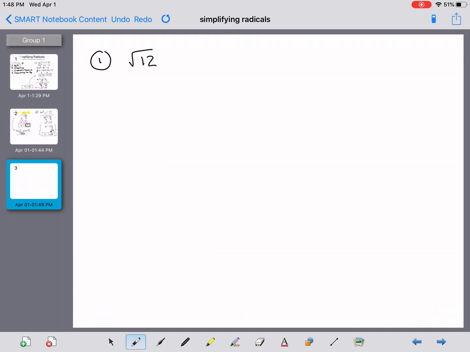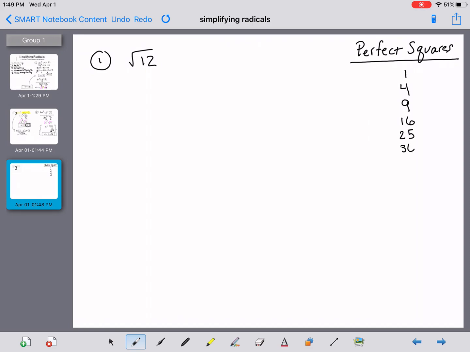Now, you need to make sure you know your perfect squares to do this. You should know these off the top of your head. I would say up until at least 100, right? So the first perfect square is 1, because 1 squared is 1. The next perfect square is 4, because 2 squared is 4. 3 times 3, 9 is a perfect square. 4 times 4, 16 is a perfect square. 5 times 5, 25 is a perfect square.